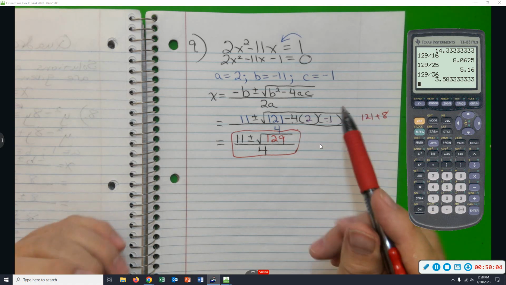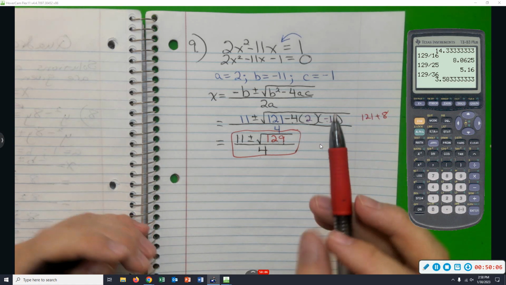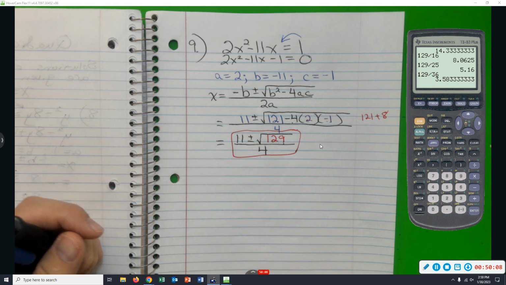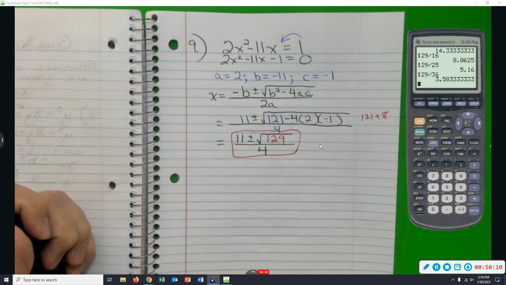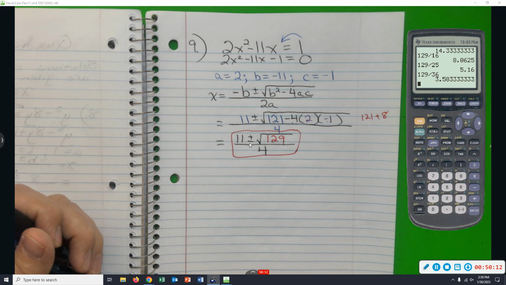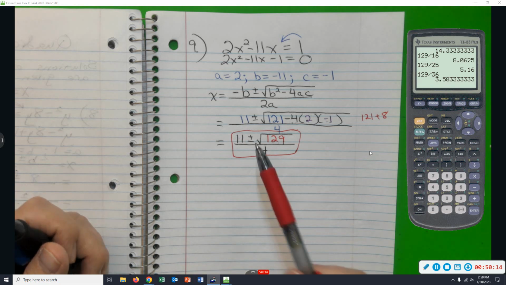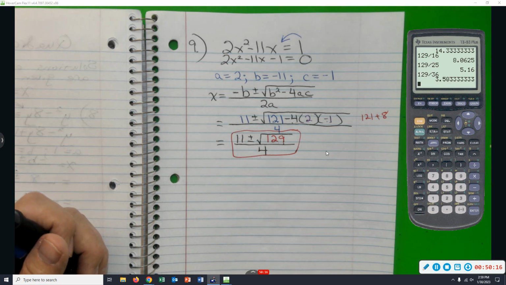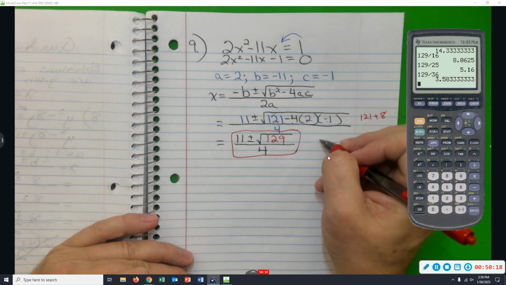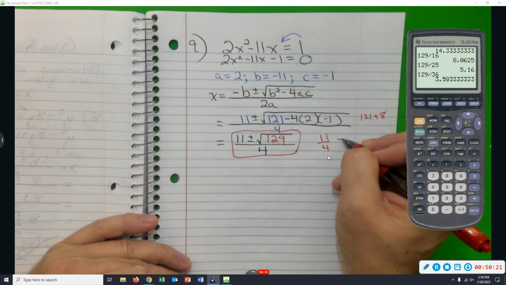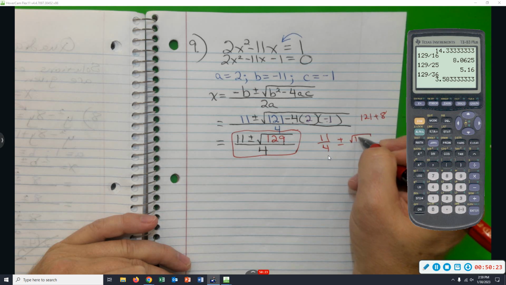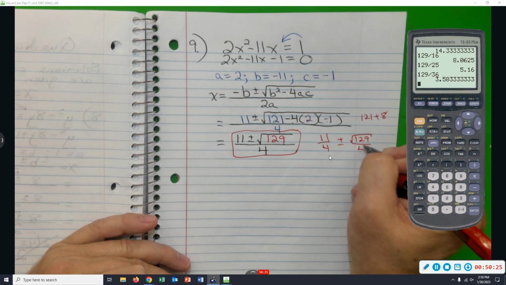But you don't get that option on the test. So that's why maybe the best thing is to make sure you're always typing in the answer the way MyLab wants it. What did you say to do? Split up. Awesome. 11 over 4 plus or minus the square root of 129 over 4.